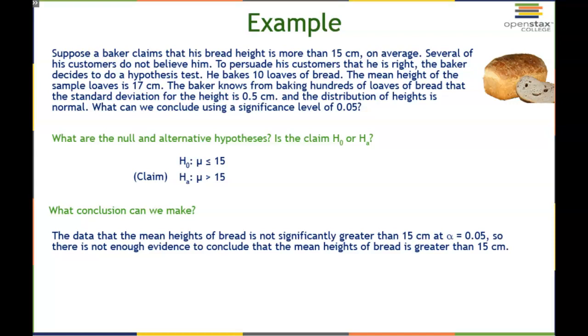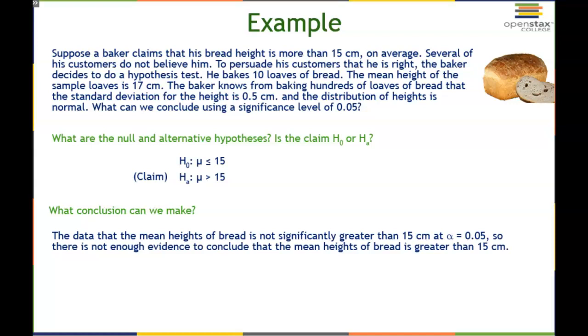What I said was there was not enough evidence to support his claim. Now, if we run this test on another day, perhaps those results would come out differently. But the sample that we were provided with and that we ran the test on does not have enough evidence to support that his claim of bread heights is greater than 15.